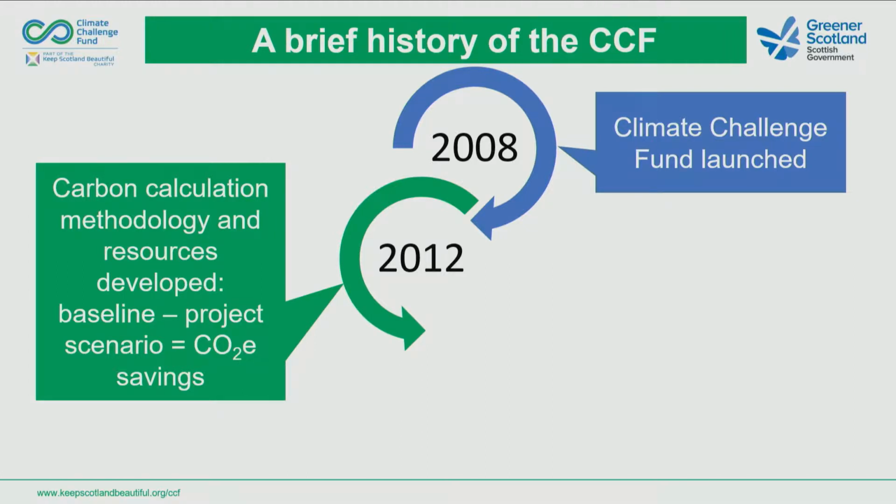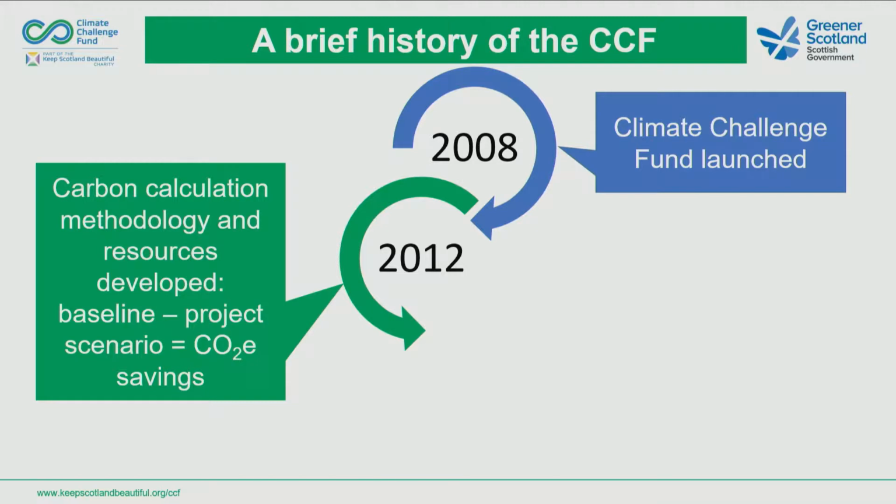That methodology was the carbon calculation process, where you collected your baseline data from your community, and you collected your project scenario data, which was simply the carbon emissions as a result of your project. So the baseline would have been larger, and the project scenario smaller.